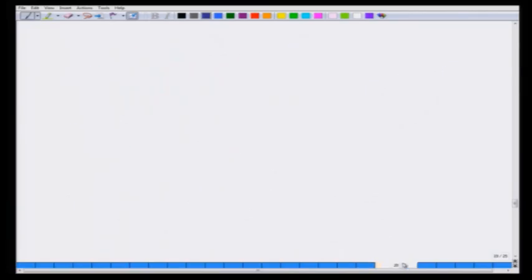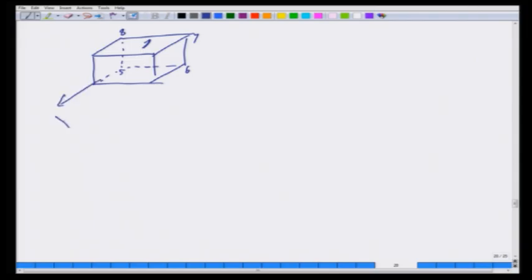Let us make it more precise. This is the box. And I am interested in what fluid is going out, right. So, for that I need the component which indicates a flow out, and that is for 5, 6, 7, 8, the component in minus, this is my x axis, in minus x direction is going to tell me whether fluid is leaving or coming in.